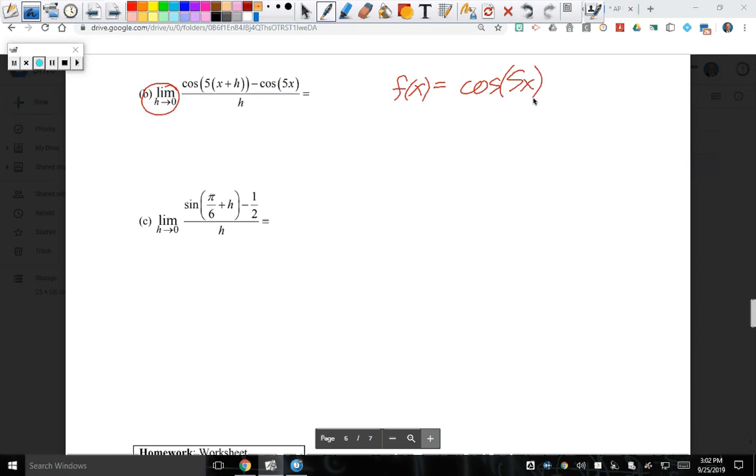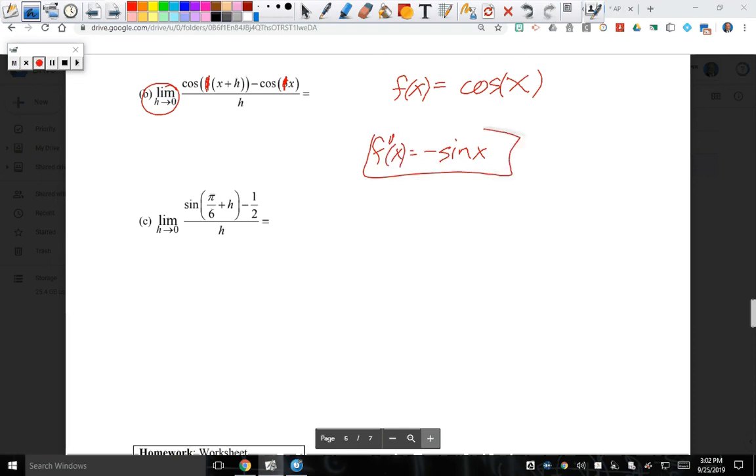Because you don't know chain rule, I can't give you 5x right now. So I'm just going to change this up just a little bit and make those 5's go away, and just call it cosine of x, because you don't know chain rule yet. We'll learn that next unit. So what's my answer? Negative sine of x.